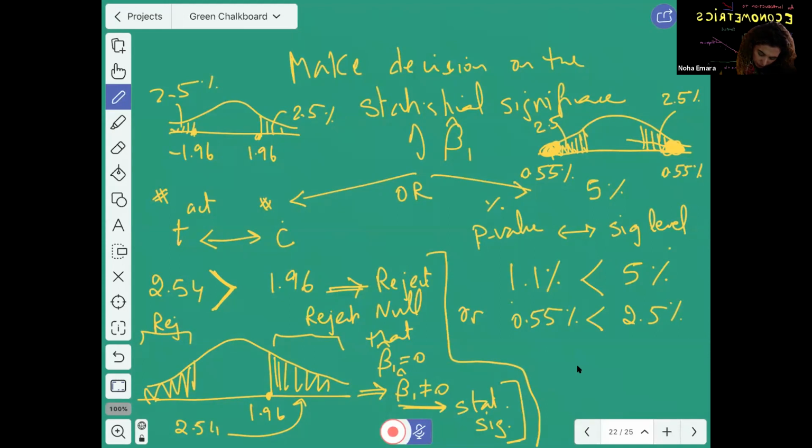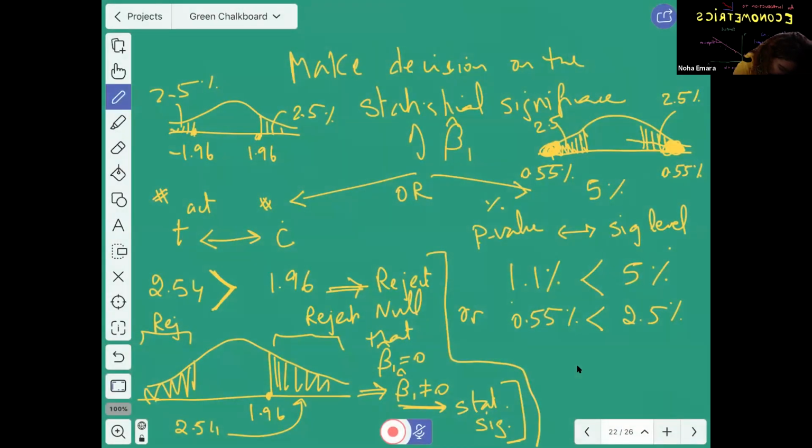So you can also reach the same conclusion from the computation of the confidence interval, right? I actually didn't compute it, but you can compute it and you will reach the same conclusion.